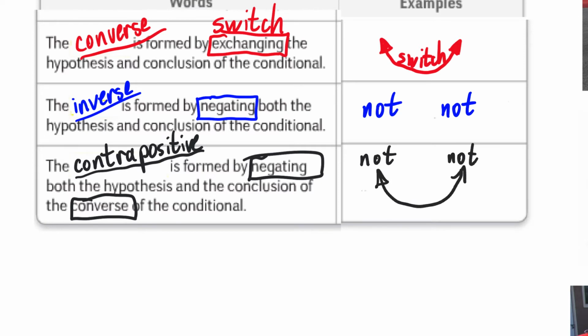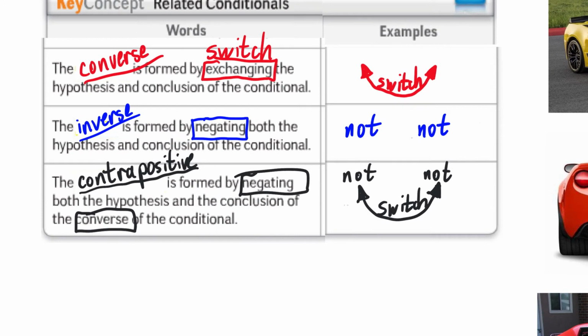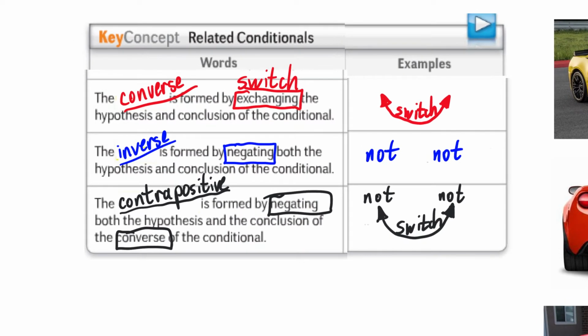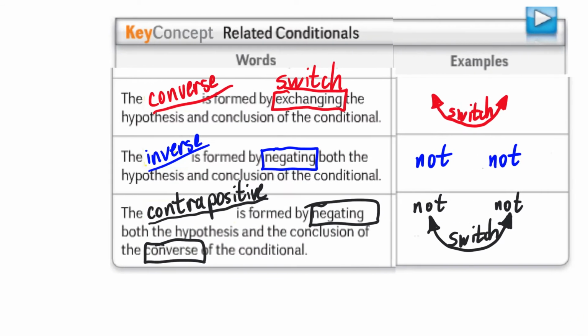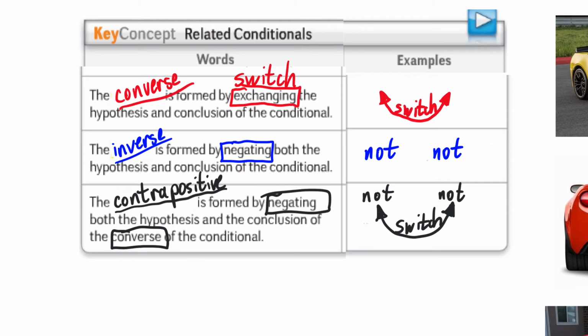So it's basically the inverse and converse together. So what we're going to do is we're going to take some statements today and we're going to do these 3 things to them.